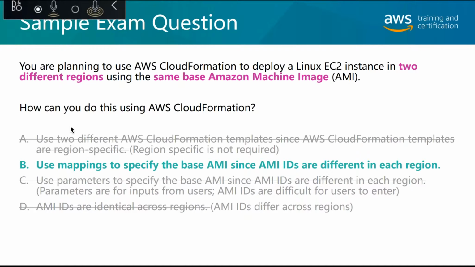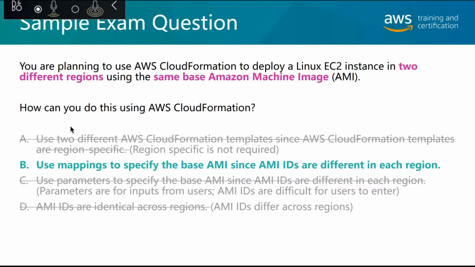And then you don't need parameters. The parameter section allows you to ask the user, for example, if you want them to launch a small instance versus a medium instance type, you could prompt the user when they run the CloudFormation and it's asking for user input. That's what a parameter section is all about.